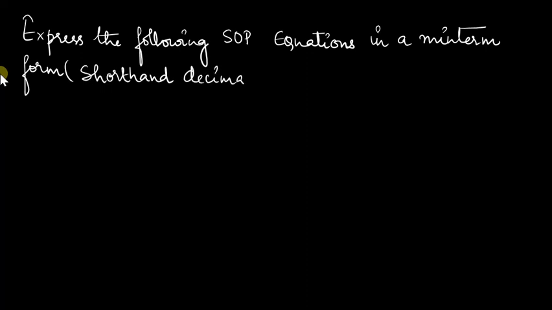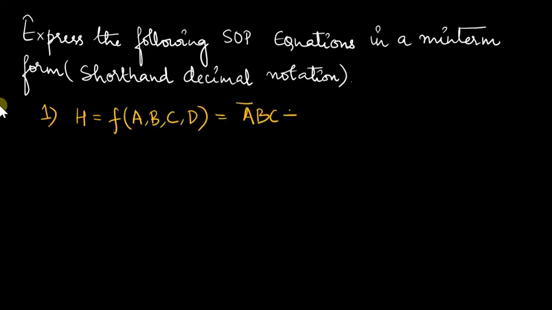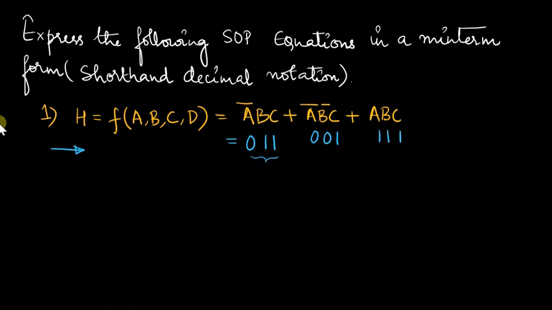So for the first example, we have H equal to f of a, b, c, d, and the expression is a bar b c plus a bar b bar c plus abc. In terms of binary, this can be represented as 011, 001 and 111.